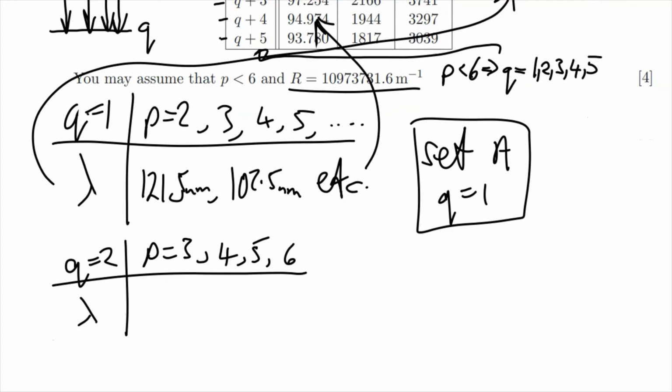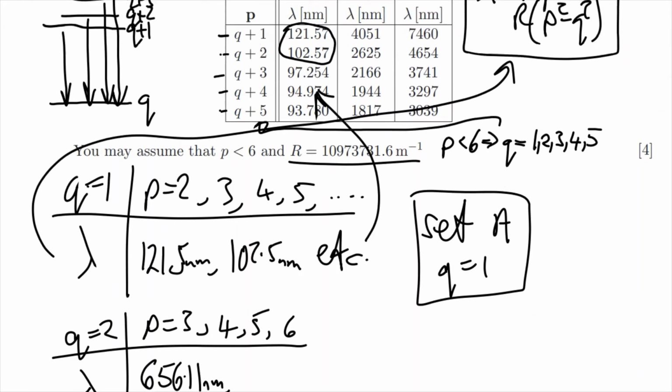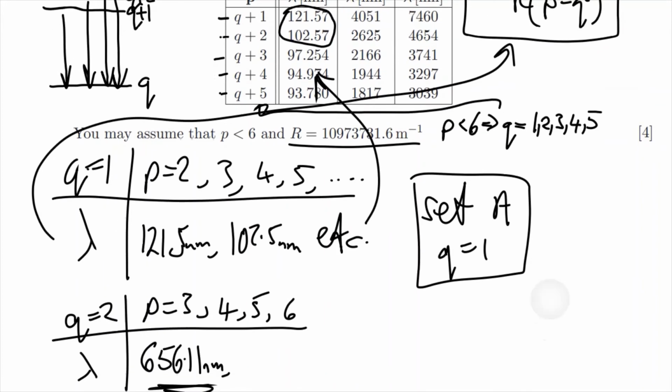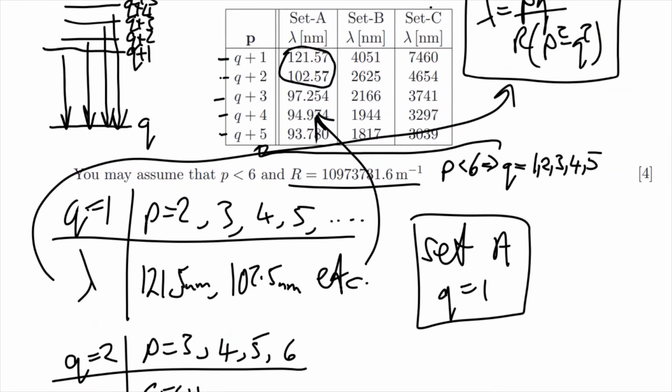So anyway, for Q equals 2, if you sub in those numbers to your calculator, similar to before, you should get 656.11 nanometers for Q equals 2, P equals 3. But when we look at that number, is 656.11 nanometers either of these two here?